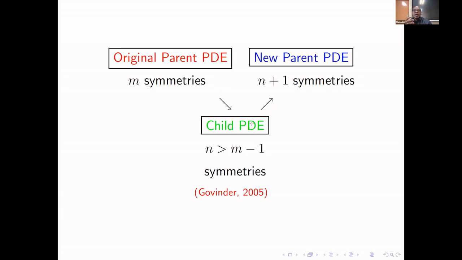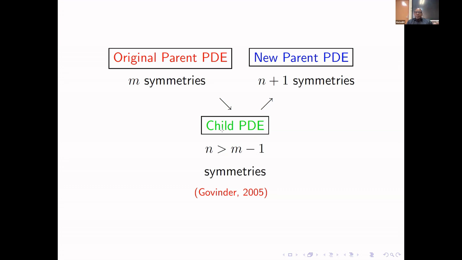And now, after conducting more investigation, you end up with a simpler equation, okay? And this equation has more symmetries than the original equation I used in the studies. So basically, the simple equation is your child PDE, which has more symmetries than the parent, the original equation.